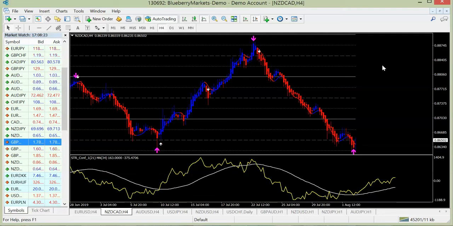So, first rule, wait for a pink. Then, wait for a white arrow. You do not trade with pink, only with white. Then, you see this line, and the candle must be in the same color, so in red as it is here.